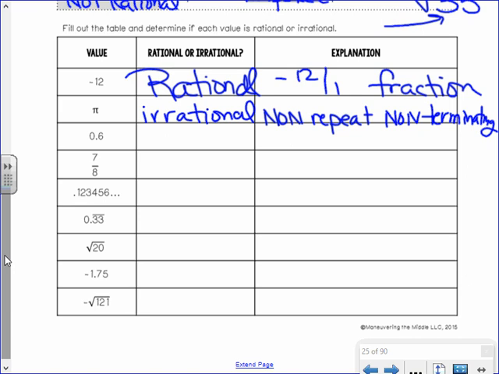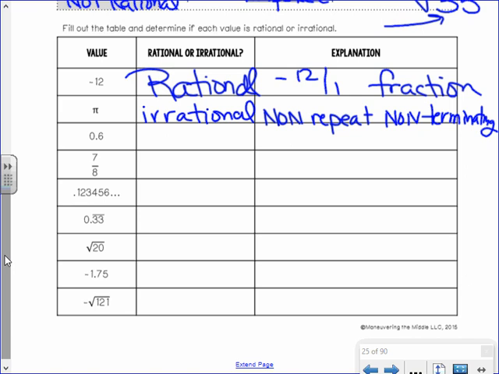Rational or irrational? Only 2 people know. Carter, what's your guess? Irrational. Irrational for 6/10. Tinley, what's your guess? Irrational. Riley, what's your guess? Rational. Ty? Rational. Abby?